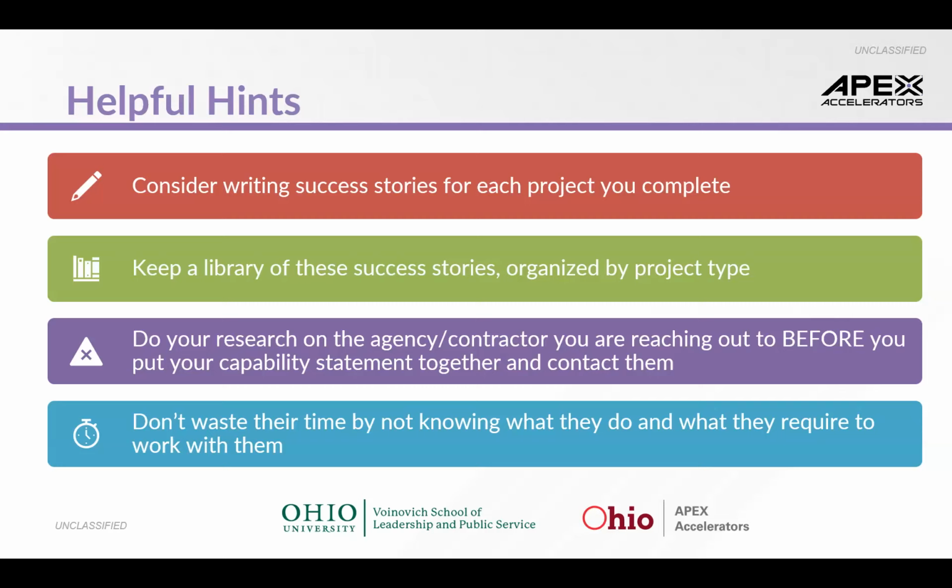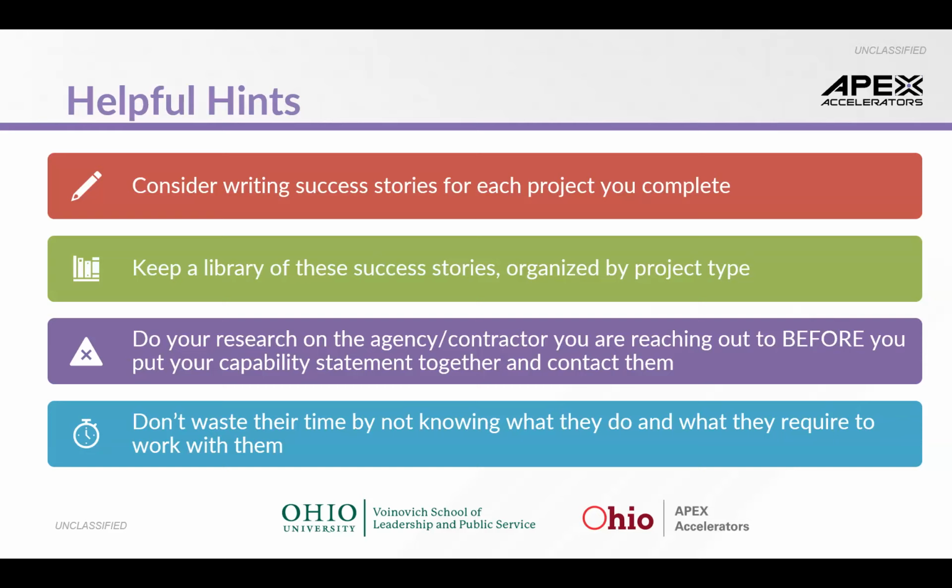So when I needed to market to somebody new, I could go into my library and pull in an appropriate success story for my past performance section. Then I'm not recreating the wheel every time. This will help you too, even on submitting proposals, because a lot of times they want some nice, more detailed information on some of your past performance. Keeping that library on your computer organized by project type makes your life a whole lot easier.